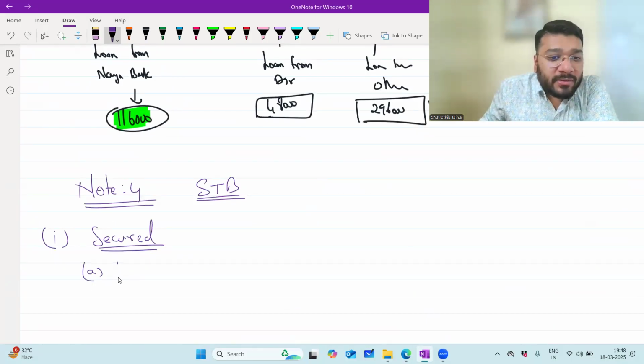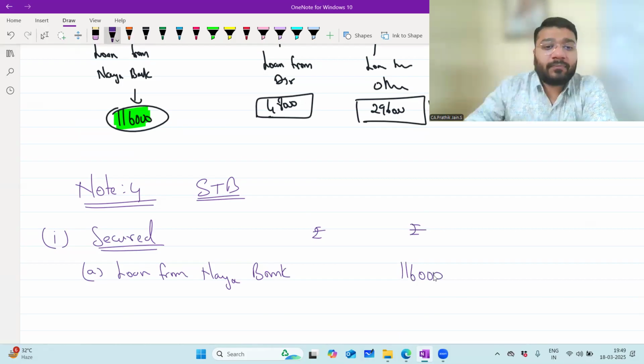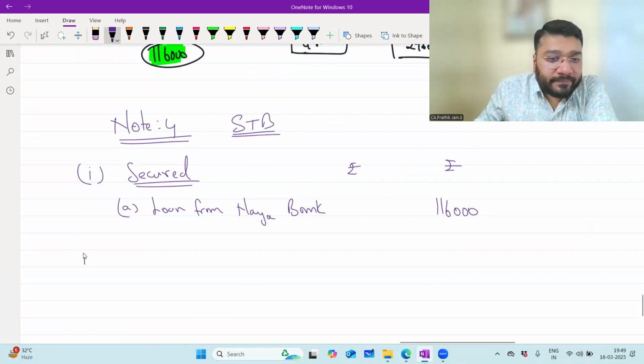Under that, first one is loan from Naya Bank. How much is it? 1,16,000. Only one is secured.